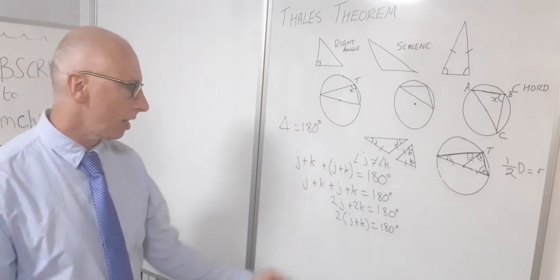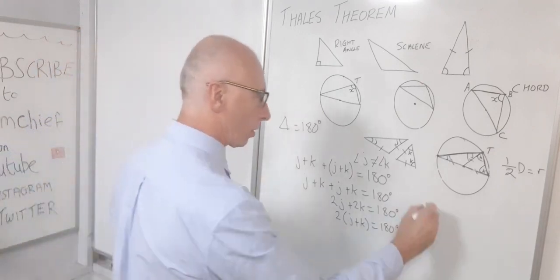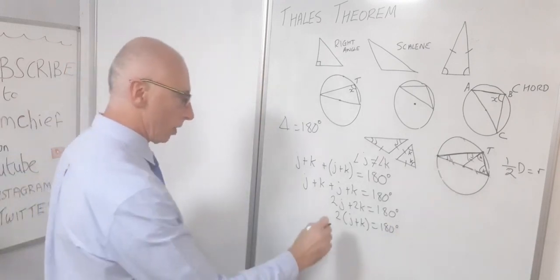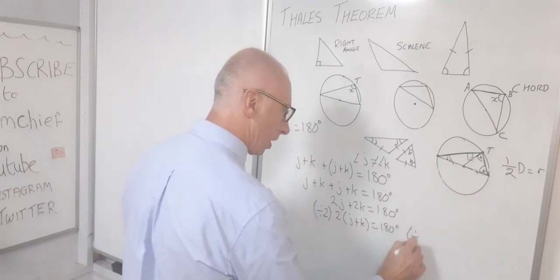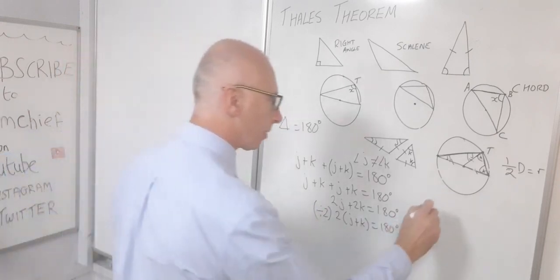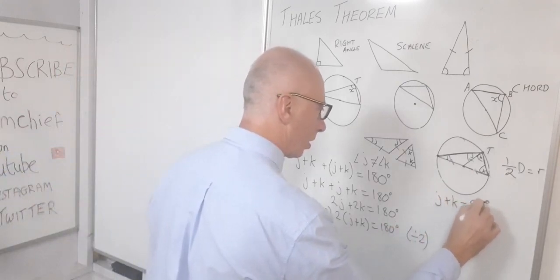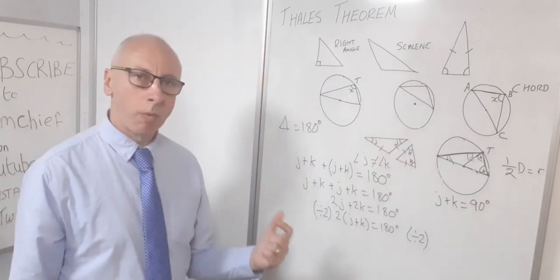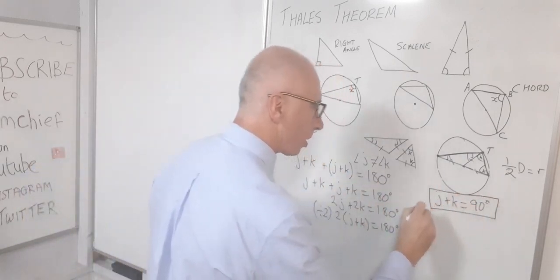Right, okay. Now what we can do is divide both sides by 2. So carrying on over here, if we divide by 2 and then divide this side by 2, we can write J plus K equals 90. That's what we can derive from those calculations.